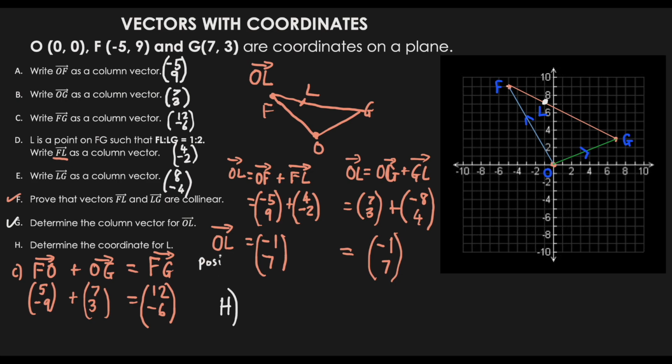Position vectors start from the origin and go to that particular point. So if I have a position vector, that means the coordinate (-1, 7) is for L. Therefore, L is the same as (-1, 7). As you can see from our diagram, we have -1 here and it goes to 7. So the coordinate for L is (-1, 7).